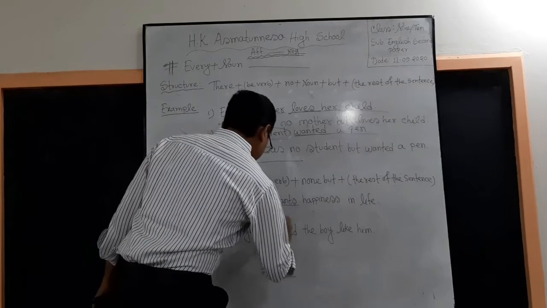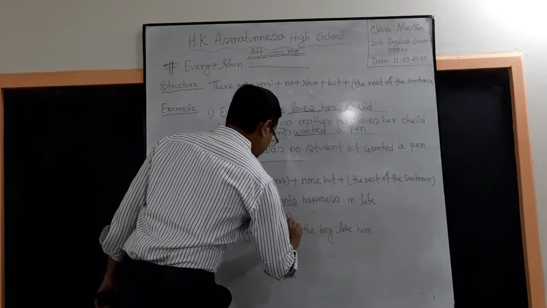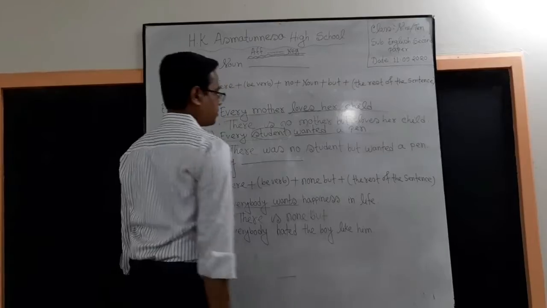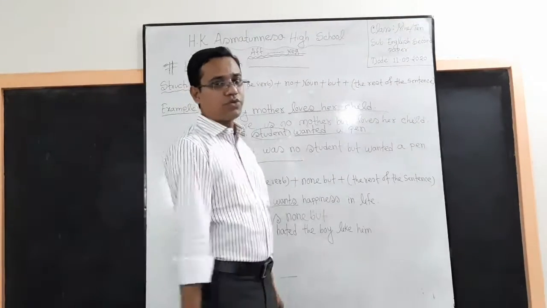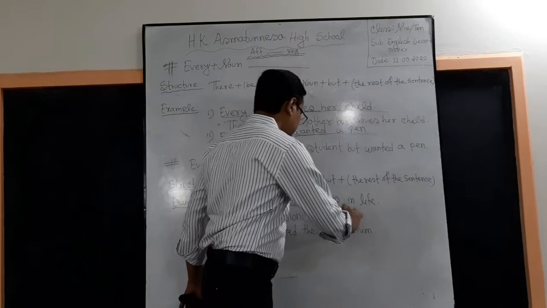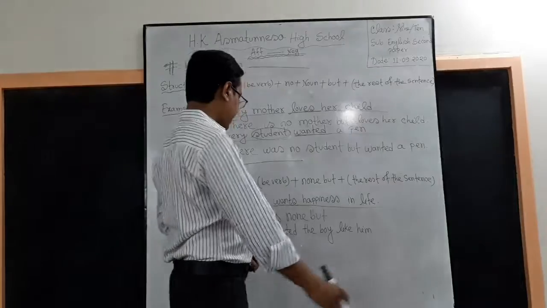There is. And then we write none but. There is none but. Then what will we do? We'll write the rest of the sentence. Okay, the rest part of the sentence.